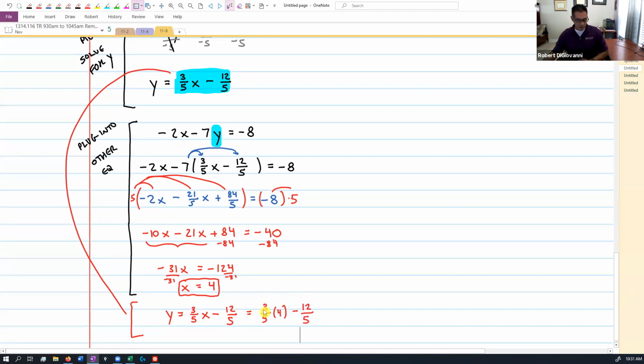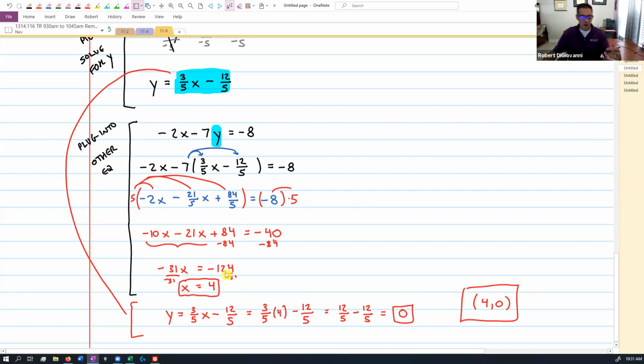And when I do this, 3/5 times 4, you multiply the 3 and 4 together, you get 12/5 minus 12/5. Wait a minute. Those are the same numbers, right? 12/5 take away itself, you should get nothing, 0. So I have an answer. My answer is that x is 4 and y is 0.